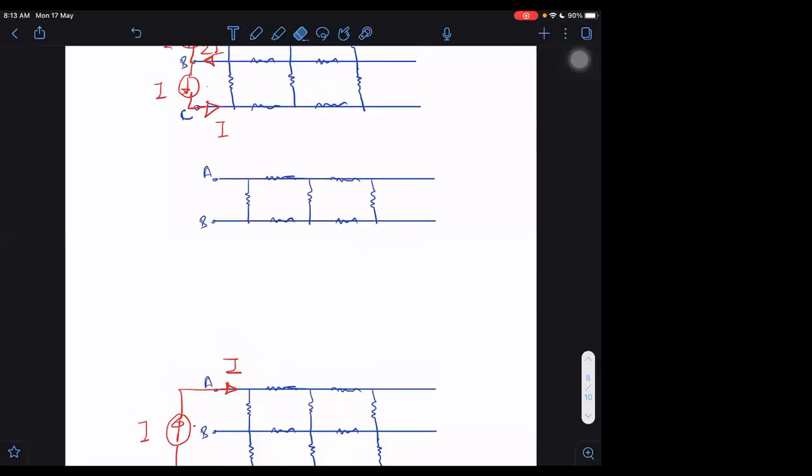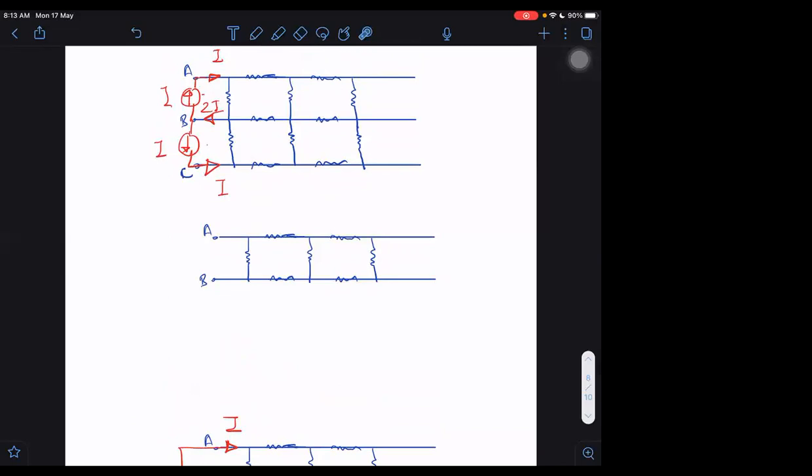And I will assume that this resistance is split into 2R and 2R in parallel. Then these are now 2R, 2R, and these are R, R, R, R, R. And here I am sending the current I separately and coming back as I. This is what I can think.